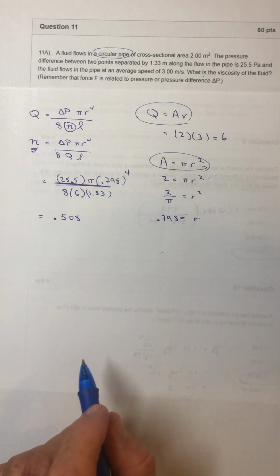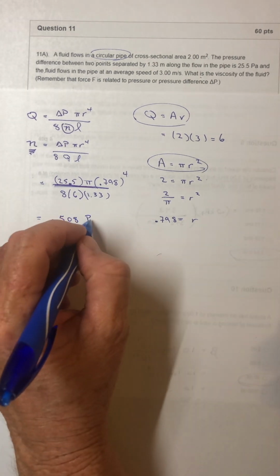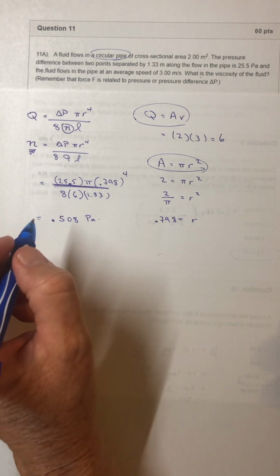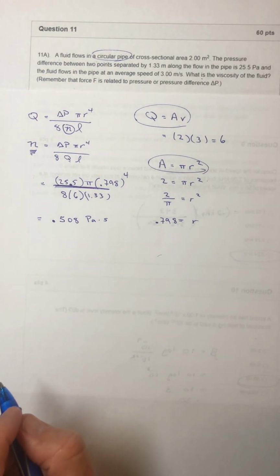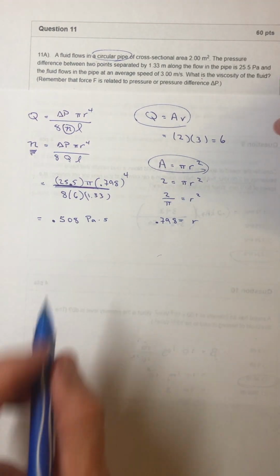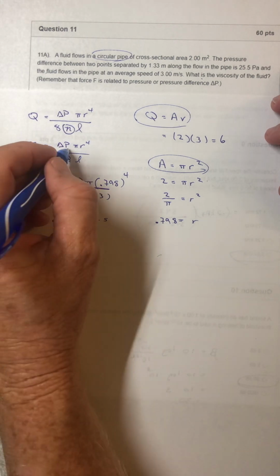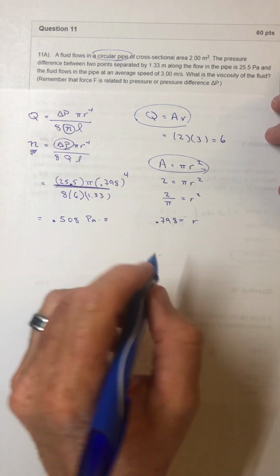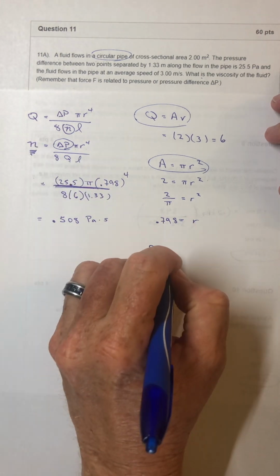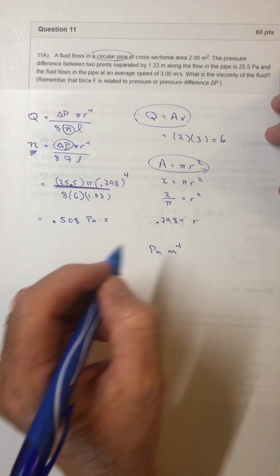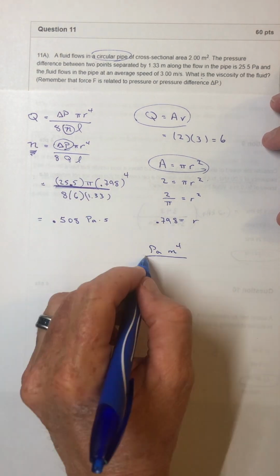Now, let me make sure I also finish with the correct units. These are, of course, in Pascal seconds. You can see that here when you put in your units. Here's the pressure, Pascal. Here would be the meters to the 4th power.